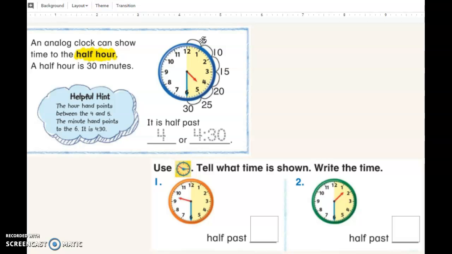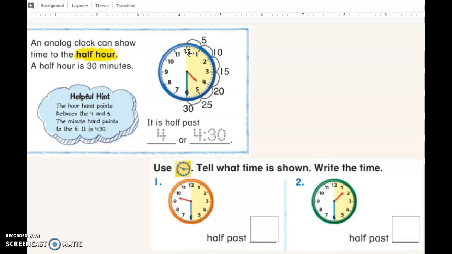We haven't talked about this before, but the minute hand goes from 0 or 1 all the way to 60. The reason it goes to 60 is because 60 minutes are in 1 hour. The way we can read the clock with the minutes is every time you jump up to the next number, it's actually 5.